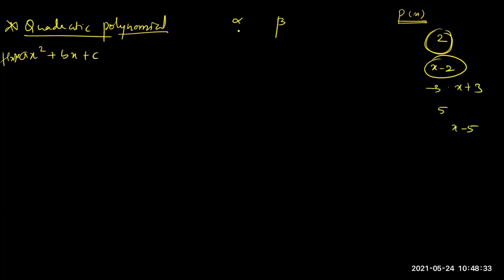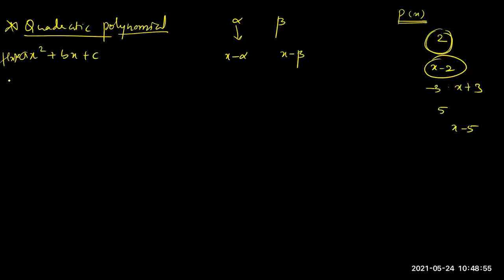So similarly, if alpha is a zero of the polynomial, then what is the factor of f of x? x minus alpha, and for beta, x minus beta. Correct.